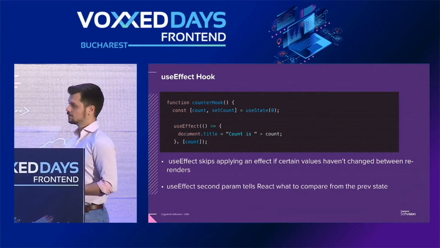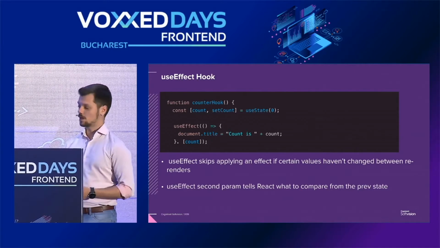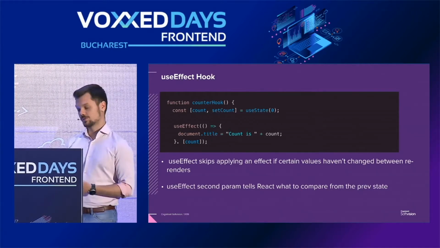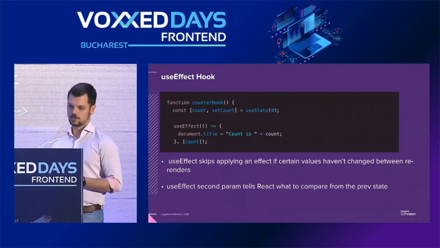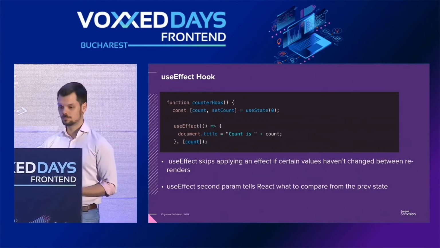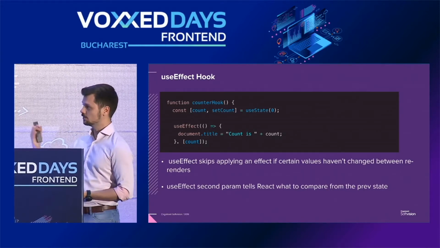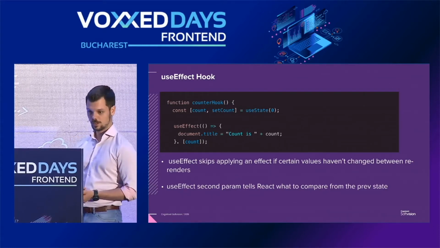So if the count is, let's say, 5, and then our component re-renders with count still 5, because somebody else updated, React will compare 5 with the previous render 5, and because the items are the same, it will skip the effect. So this is how simply we can optimize this, without any ifs, without any conditions.